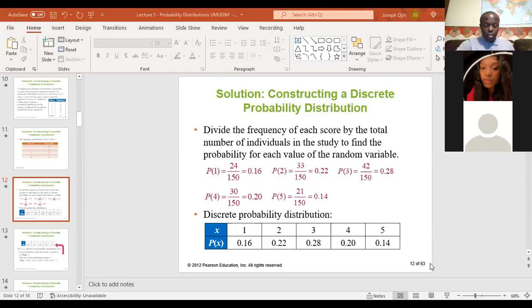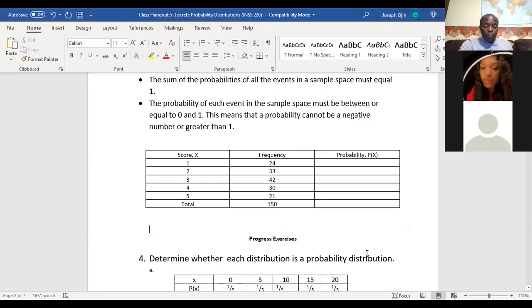So P(x): 0.16, 0.22, 0.28, 0.20, 0.14. Each of them, if you do 3 by 150, you get that. So they put it here, so you can see where I have it. 24 by 150, I get 0.16.